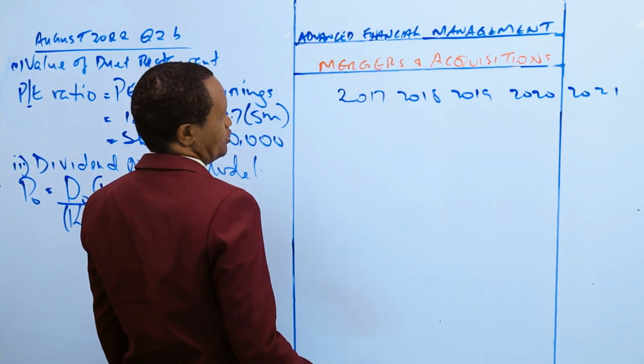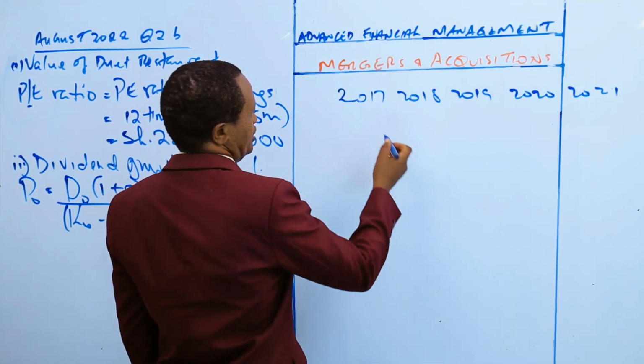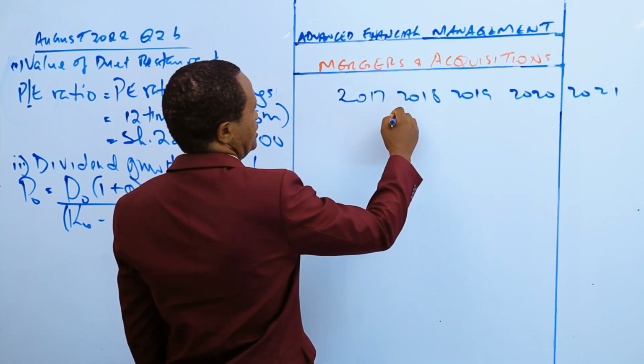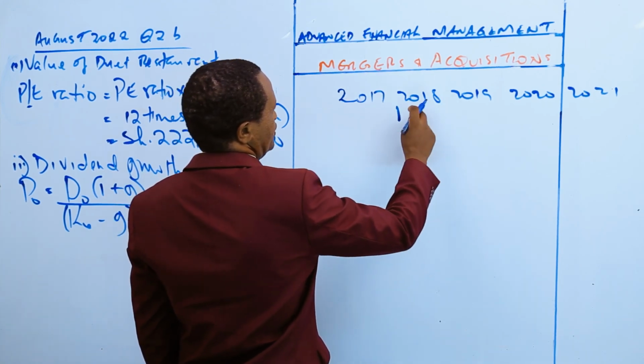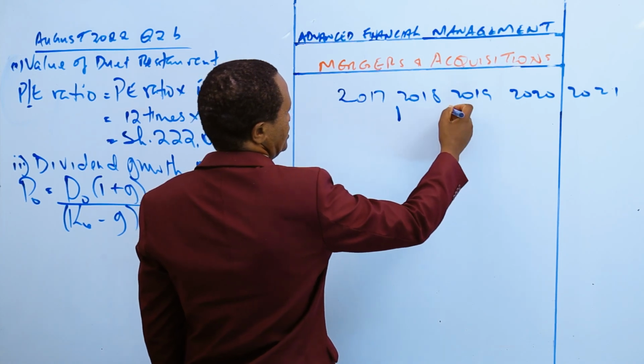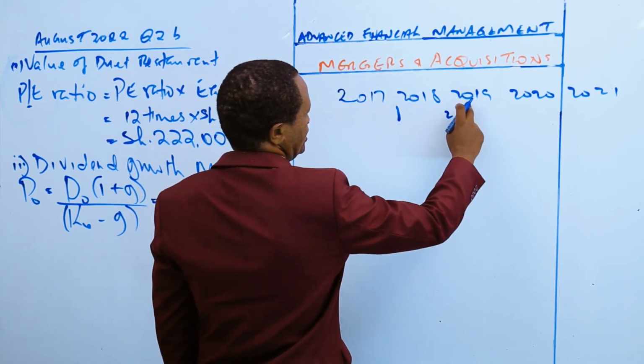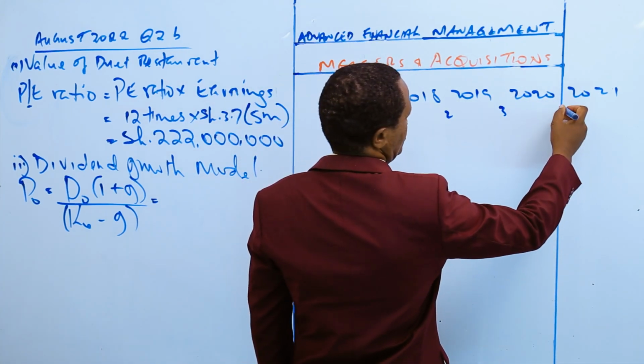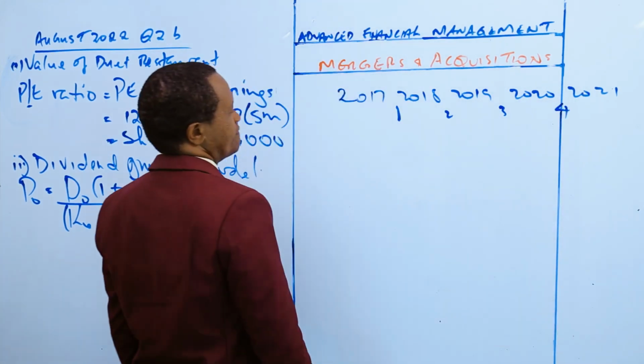So this dividend has been growing for how many years? From 2017 to 2018, this is 1 year. From 2018 to 2019, 2 years. 2019 to 2020, 3 years. 2020 to 2021, 4 years.